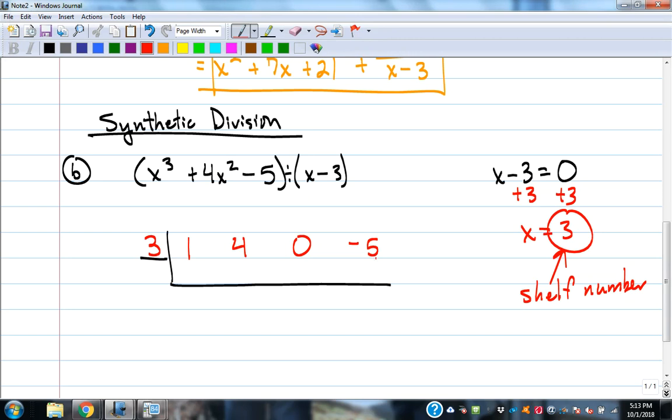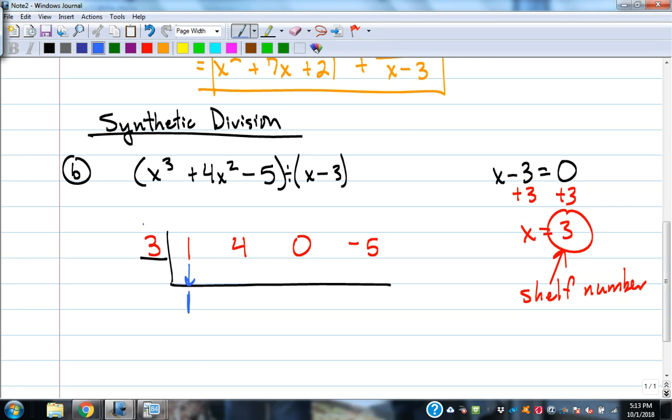Now, notice that there are no letters in there. That makes things infinitely easier because you don't have to deal with multiplying x times x squared and messing up the exponent and all that fun stuff. All you're dealing with are numbers. So the first step every time in synthetic division is drop the first number down. That 1 drops down.